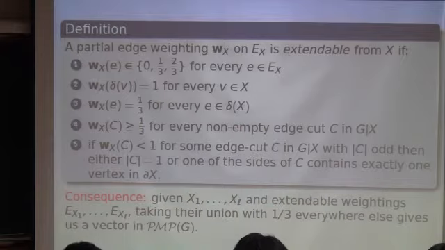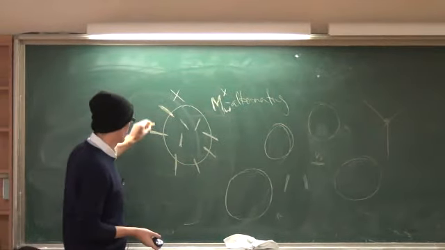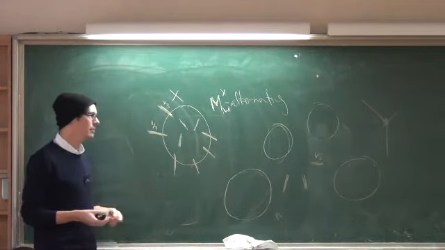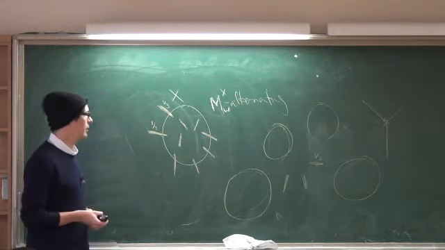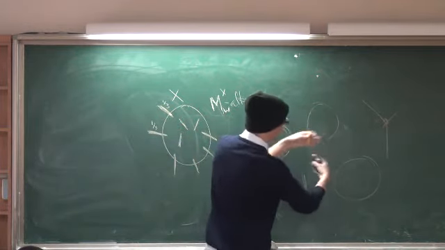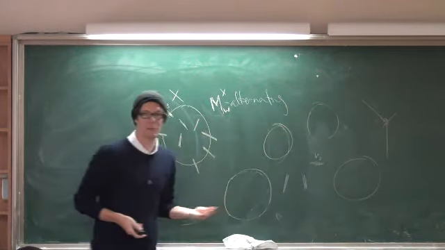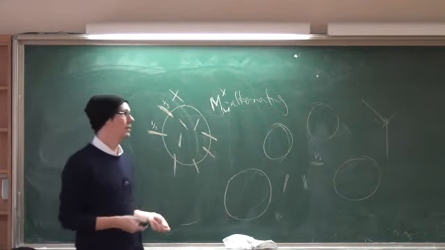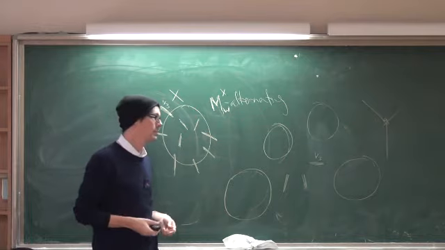We're taking an edge weighting on the edges with at least one endpoint in X, and then we want to say that it's extendable. So we put 1/3 everywhere, because 1/3 is basically the sensible solution. And then we want to say that if we put a bunch of these together, then we can extend it into something that's in the perfect matching polytope. So it's basically a locality condition.